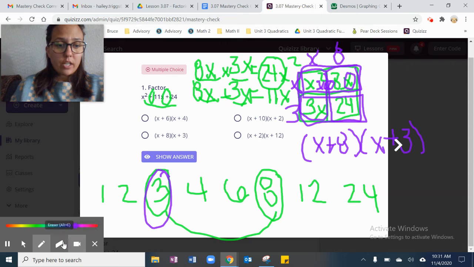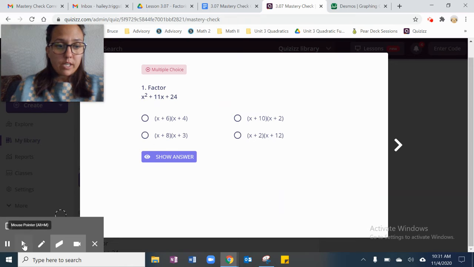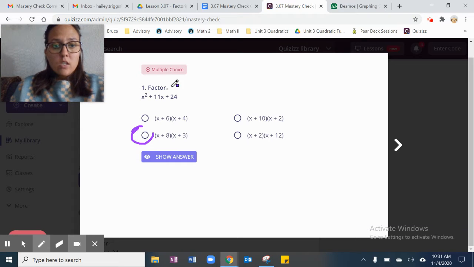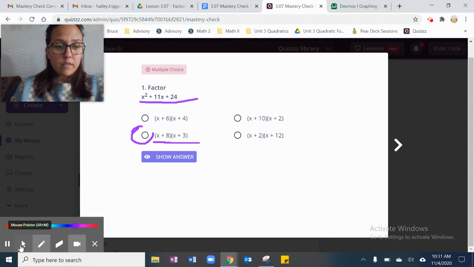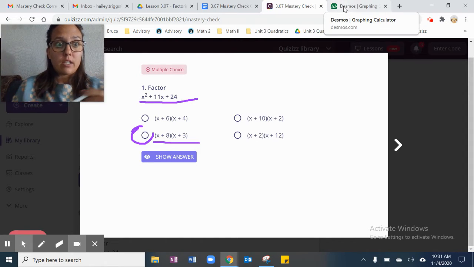Now let's go ahead and check this with Desmos. So we're saying that this is our answer, right? So I'm going to plug in the original equation and our factored form to see if this works, right? If we've done it correctly, then the graphs will be on top of each other.